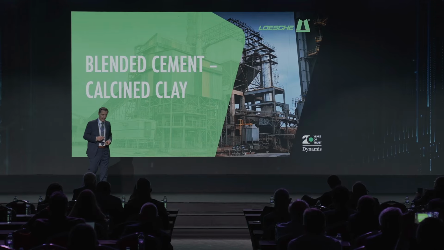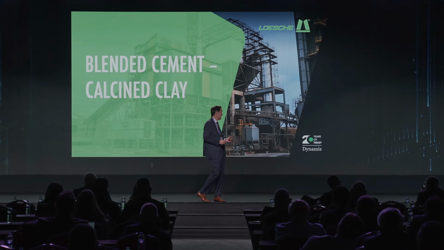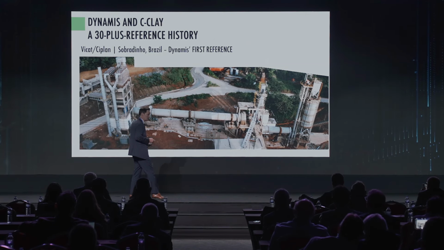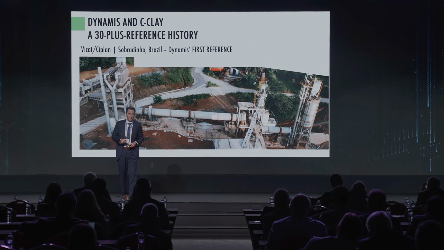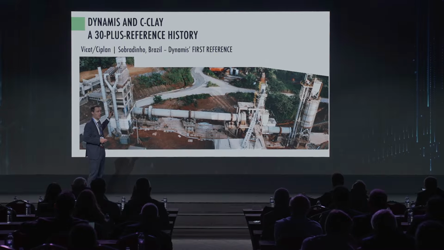And at Dynamis, calcined clay has several meanings. Calcined clay means dozens of references in Dynamis, starting from the very first reference, our kiln installed at C-Plan, now part of VK Group.